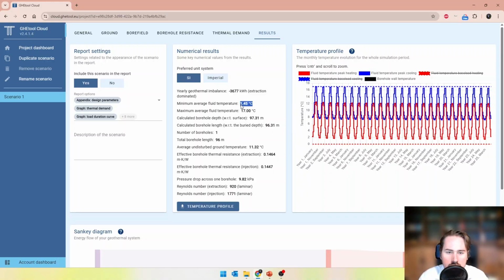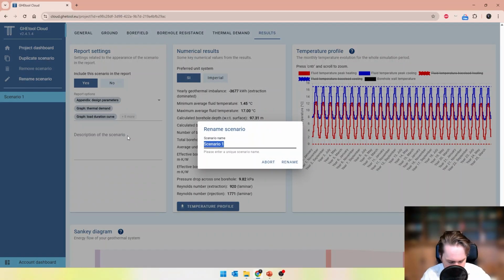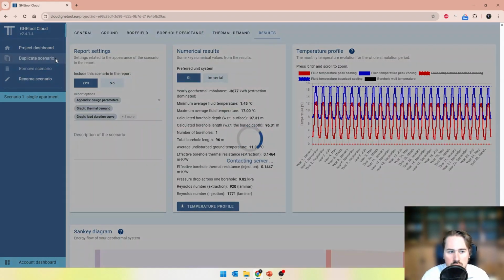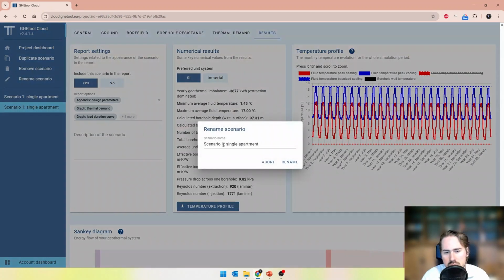We stick at 1.45 degrees Celsius. Now, let me go ahead and rename this to scenario 1, single apartment.